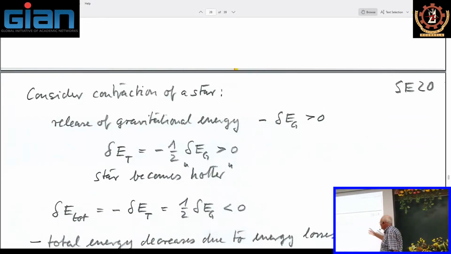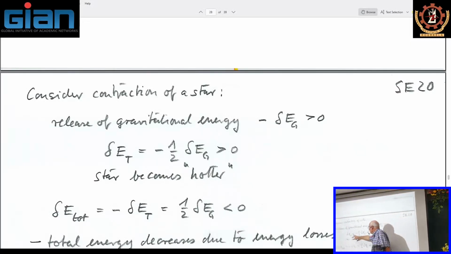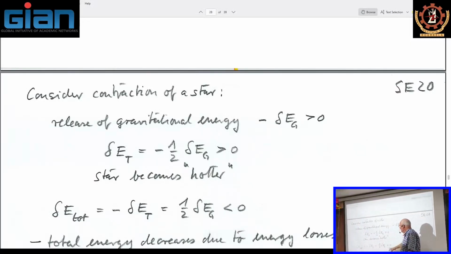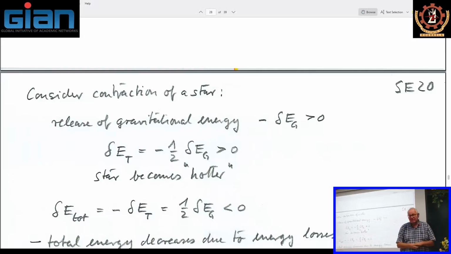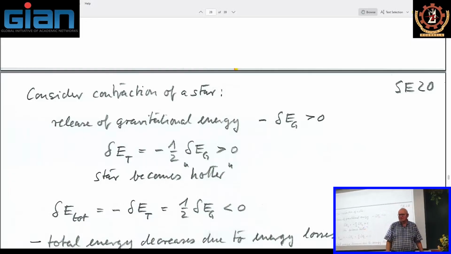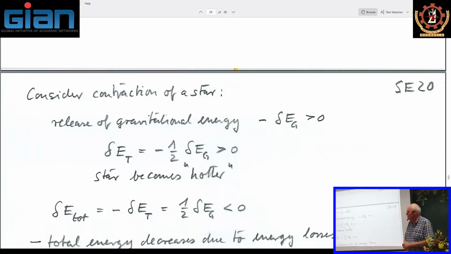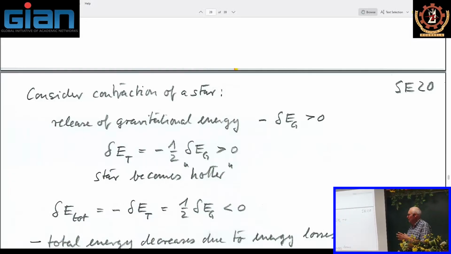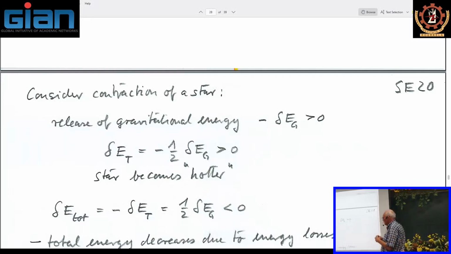And according to the virial theorem, the change of thermal energy is -1/2 times the change of the gravitational energy. And once minus delta Eg is bigger than 0, delta E thermal is bigger than 0. So the star becomes hotter. The thermal energy increases.